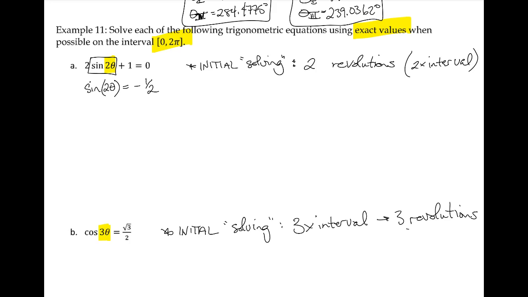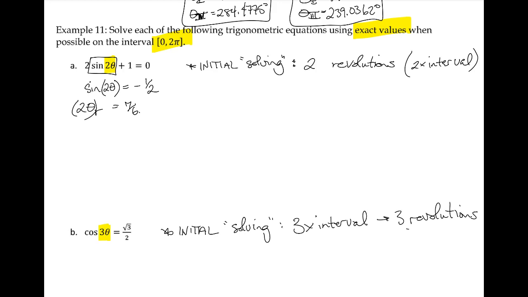Okay, and we know that this happens when my reference angle, or 2 theta r, is going to be when I'm talking about just 1/2. So when sine theta equals 1/2, that is at pi over 6.